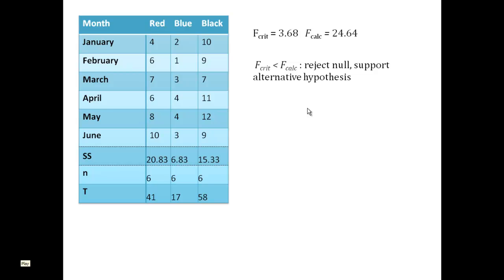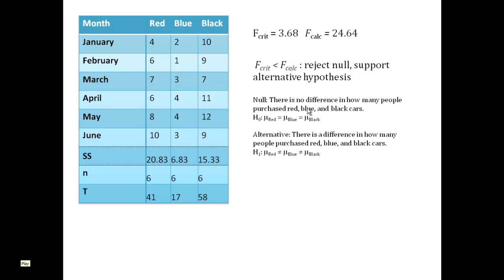Now, I feel like it's been a long time since we talked about our null and alternative hypothesis, so let's refresh our memories. The null is that there's no difference, and the alternative is that there is some difference. And so we've done all of these analyses, and we can say that we can reject our null hypothesis and that we've supported our alternative hypothesis. So we can say there is a statistical difference in how many people purchased red, blue, and black cars.